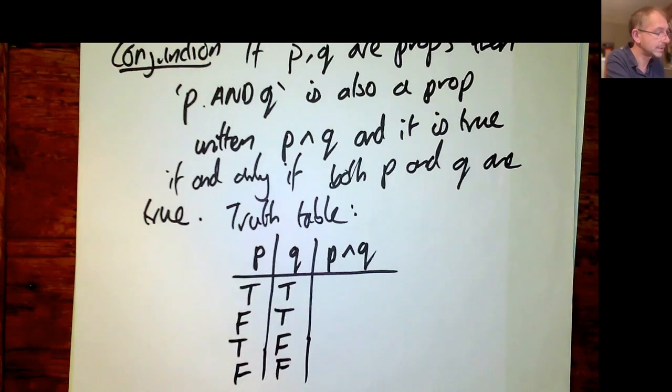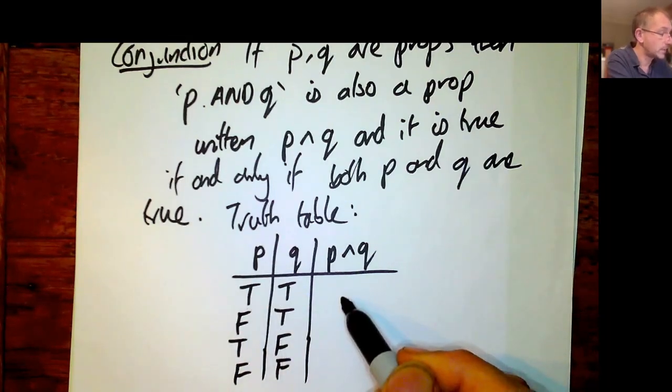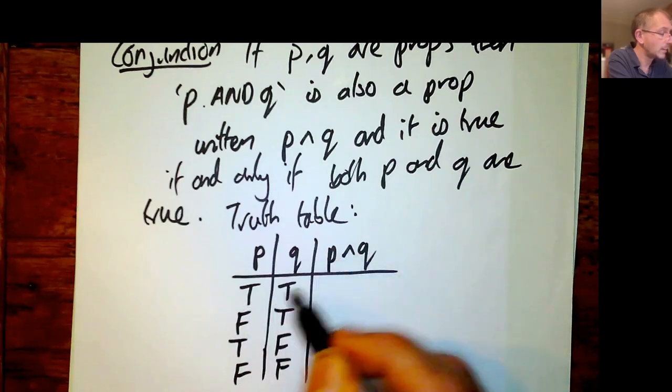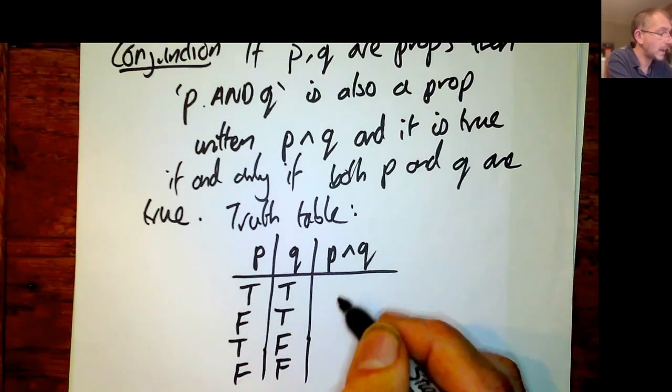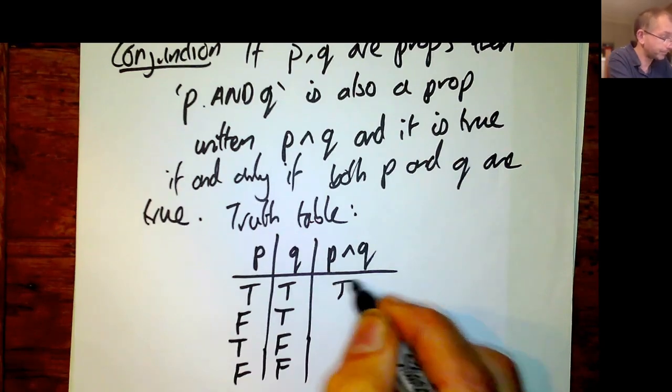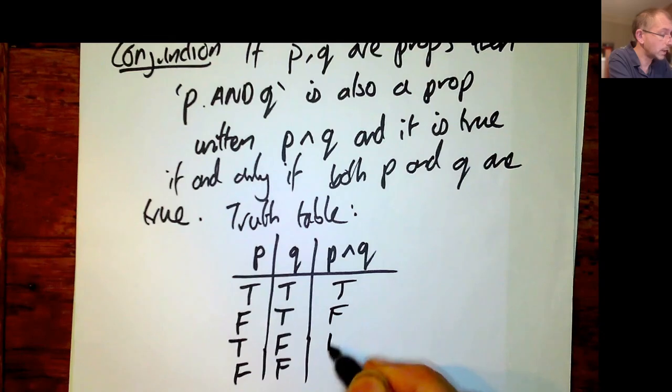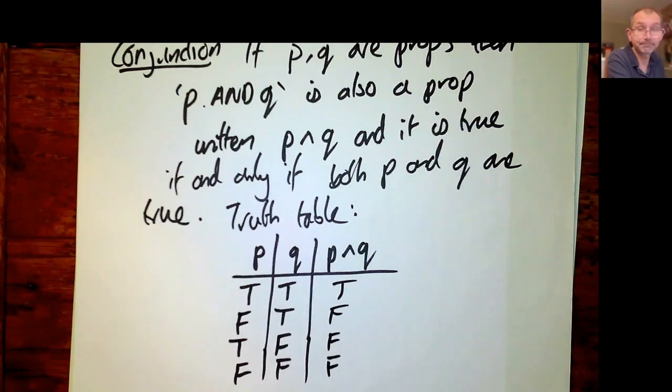Those are the four possibilities. And I'm just going to tell you whether these are true or not. So if you get true and true, then P and Q is true. And that's the only time it's true, and so the others are false.